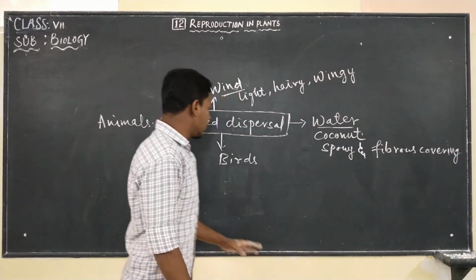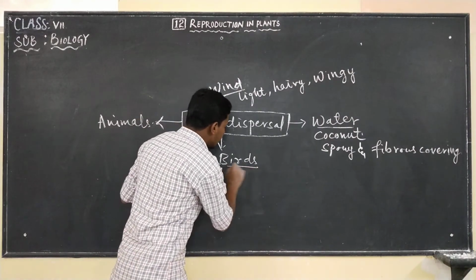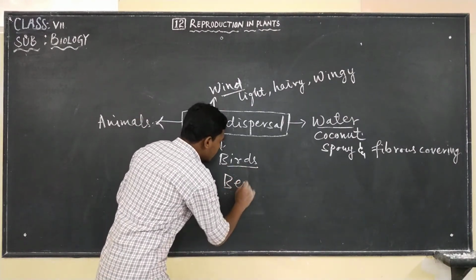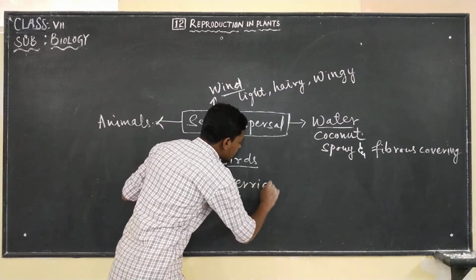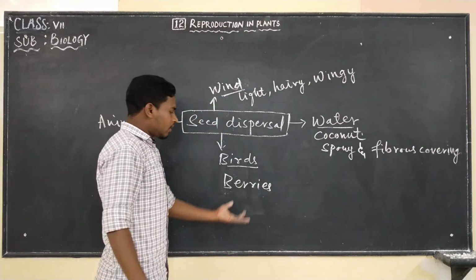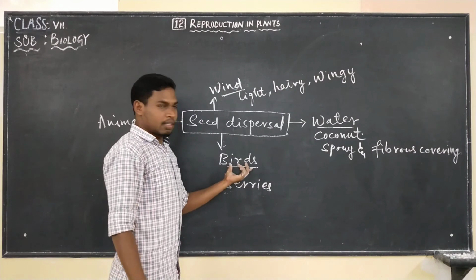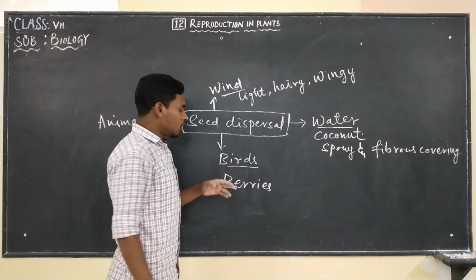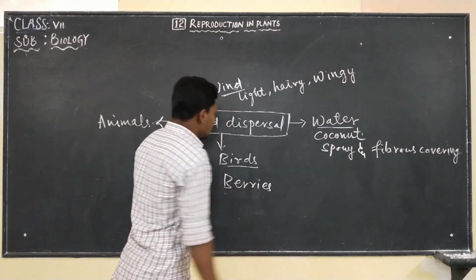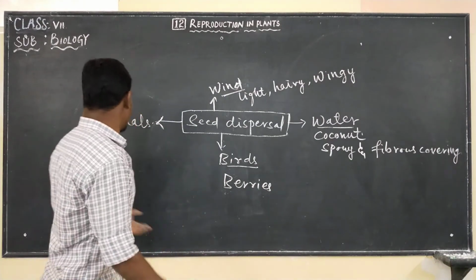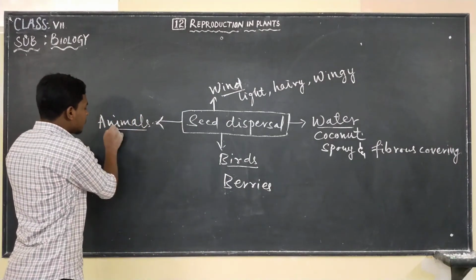And through birds, fruits like berries are sticky in nature. They get stuck into the bodies of birds, like on their beaks. So berries can be carried by birds. And the next one is animals.